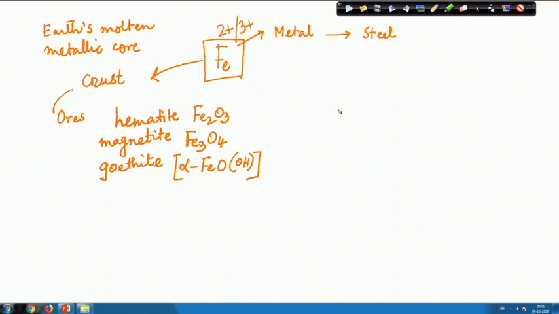In most cases it can go from 0, which is the metal, to the ferrous state and the ferric state.